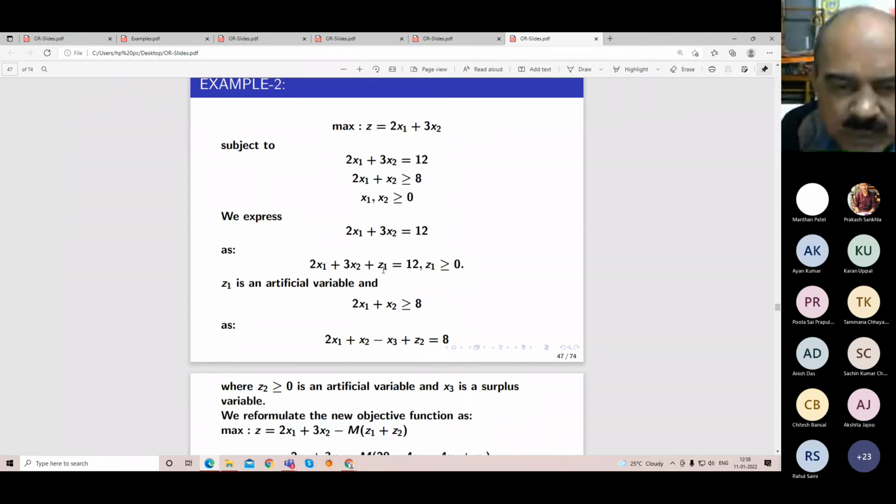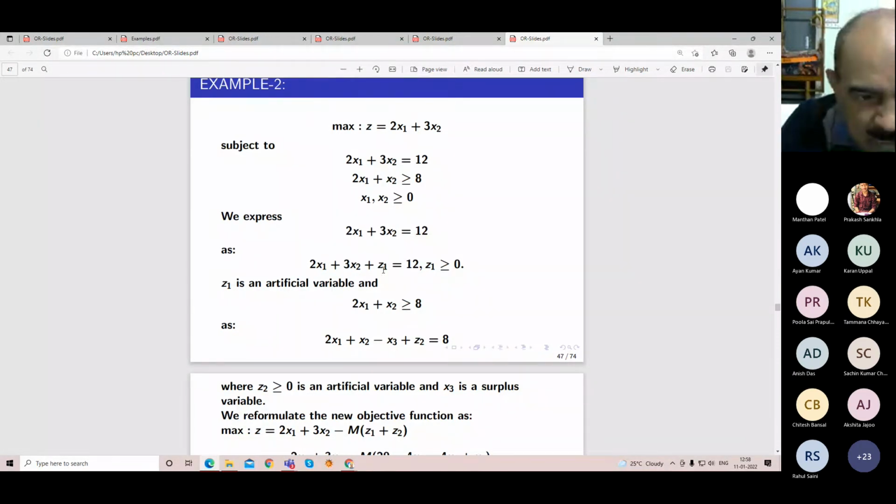In chemistry, we use some detergent to start the reaction. There is no other purpose here, simply z1. z1 is an artificial variable, artificially added to help us find the solution.